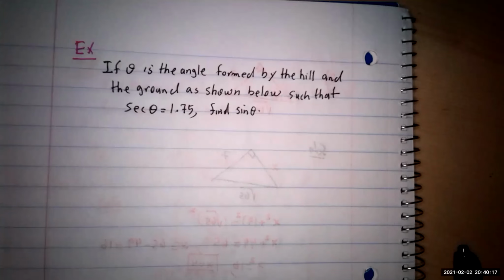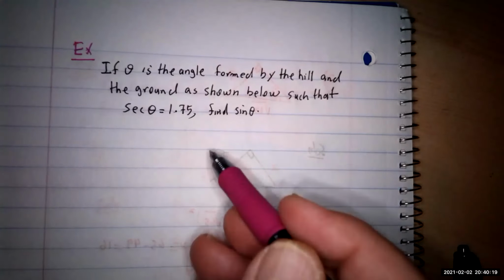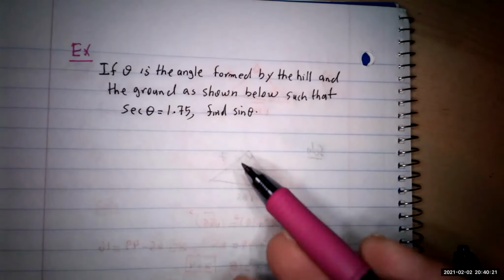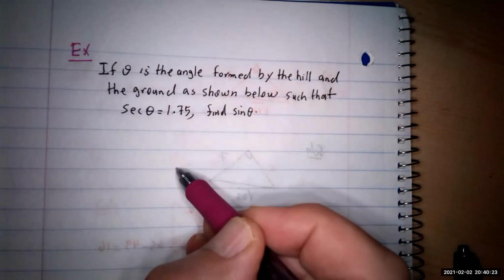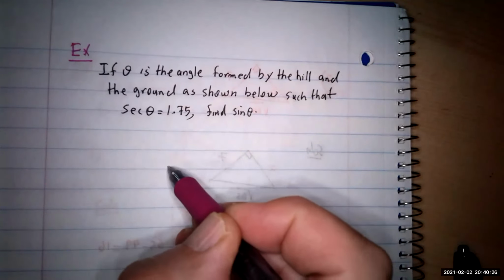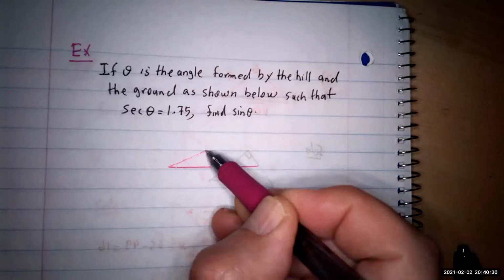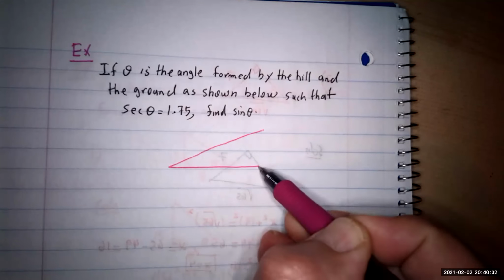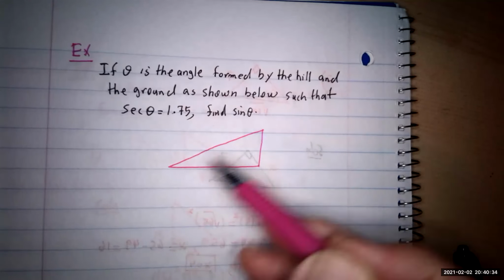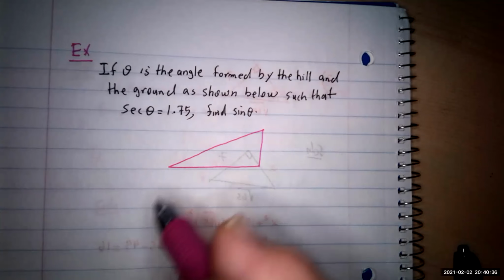This is what they are talking about. We have the heel and the ground. This is the shape that would be given to you. So this is going to be the ground and this is going to be the heel. We have a right triangle here, and the angle theta is here.